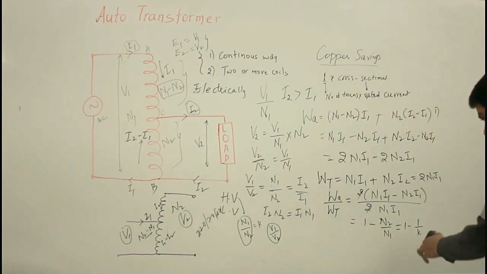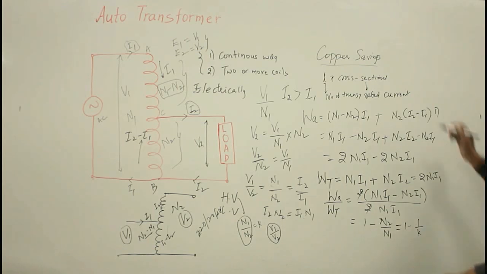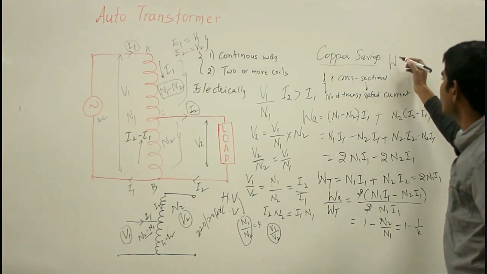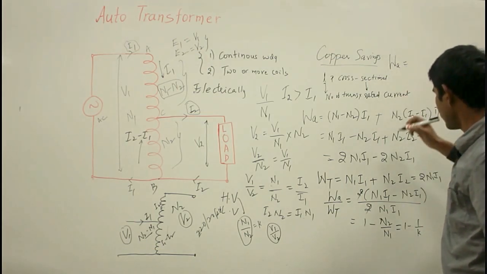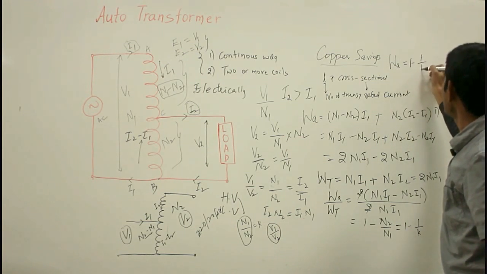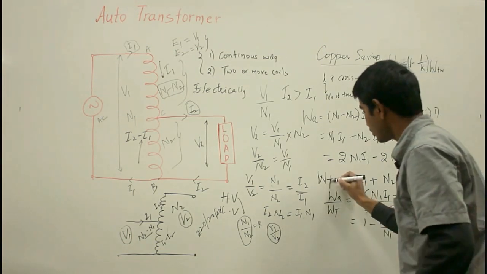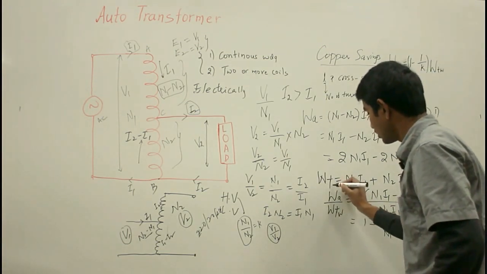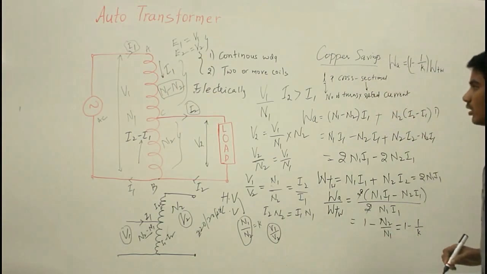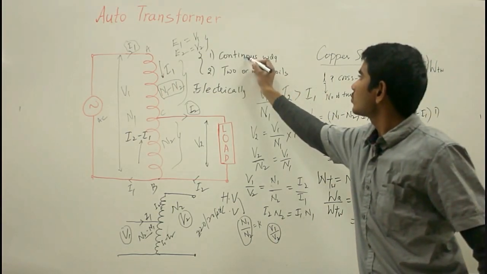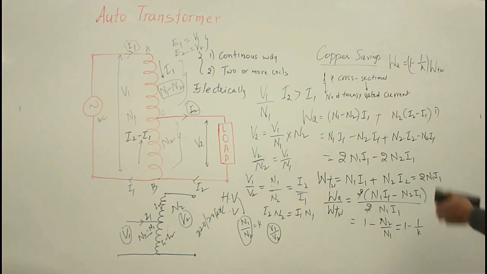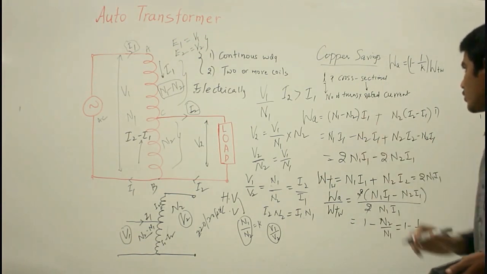So this will be my 1 minus 1 by K. That means my weight of copper saving in auto transformer will be equal to 1 minus 1 by K into weight of copper in transformer with continuous winding. Now let us discuss the advantages of auto transformer.